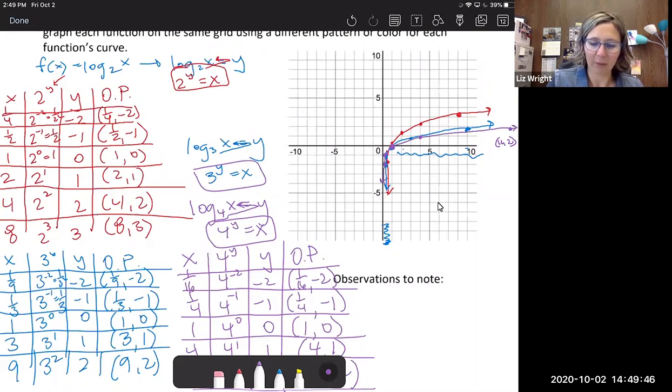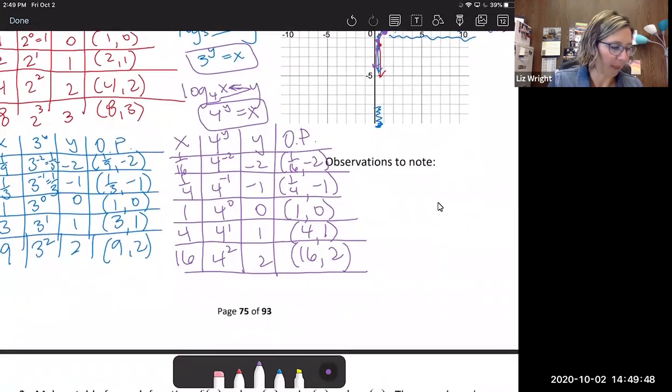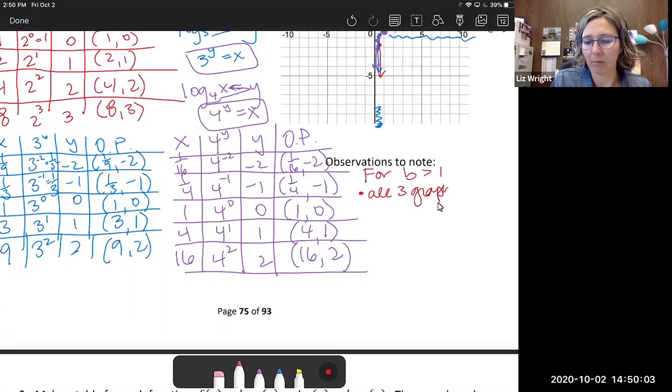And we're going to make some observations just like we did last time. So observations to note for our base being greater than 1. All 3 graphs intersect at 1, 0.